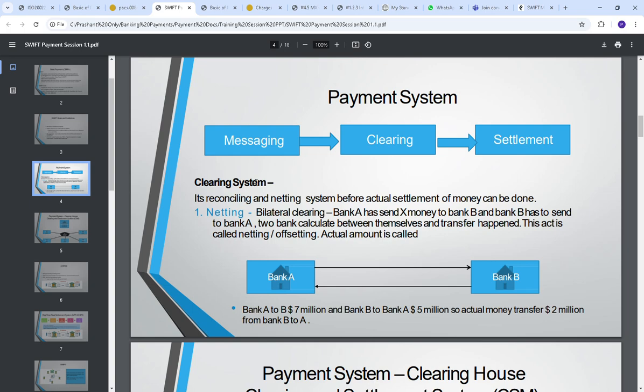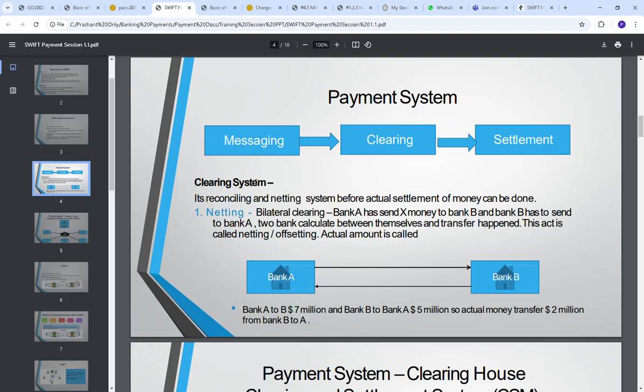That clearing mechanism we are going to discuss now. First of all is netting. Don't look at the example I show on the screen; consider in a simple way you have sent a payment of 100 euro from you to Shruti.